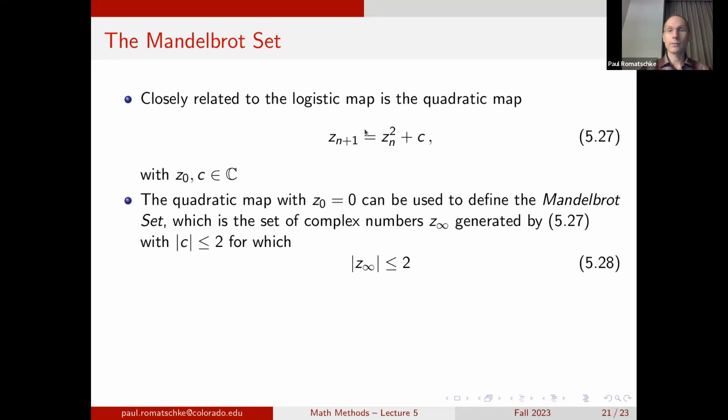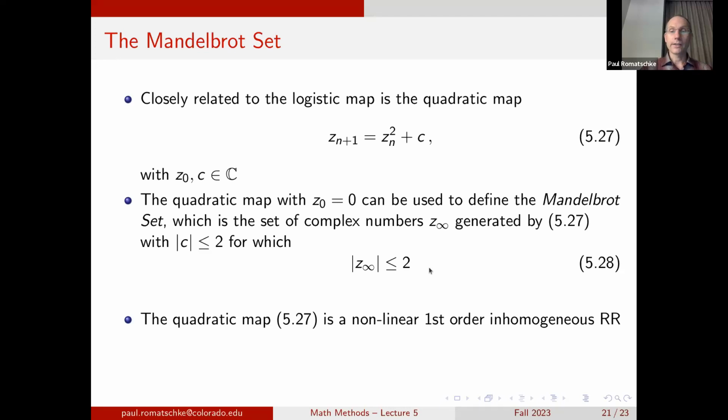Basically, we start with some initial condition, and then continue evaluating the quadratic map. If the absolute value of z that we get after a very large number of iterations is above 2, then this value was not part of the Mandelbrot set. But if by contrast the absolute value stays below or equal to 2, then we say it's part of the Mandelbrot set.